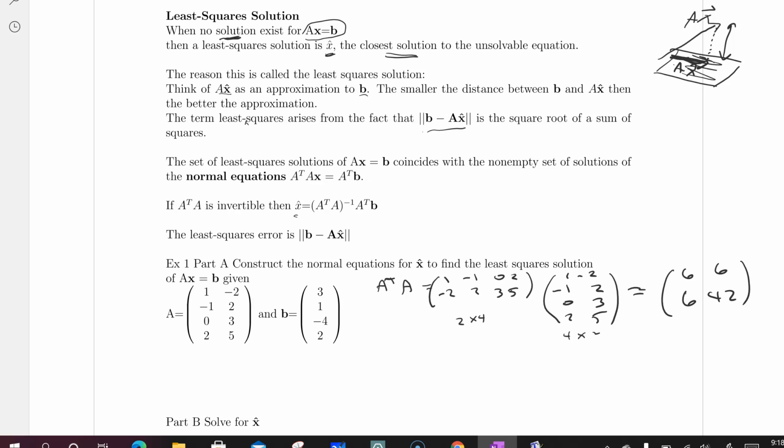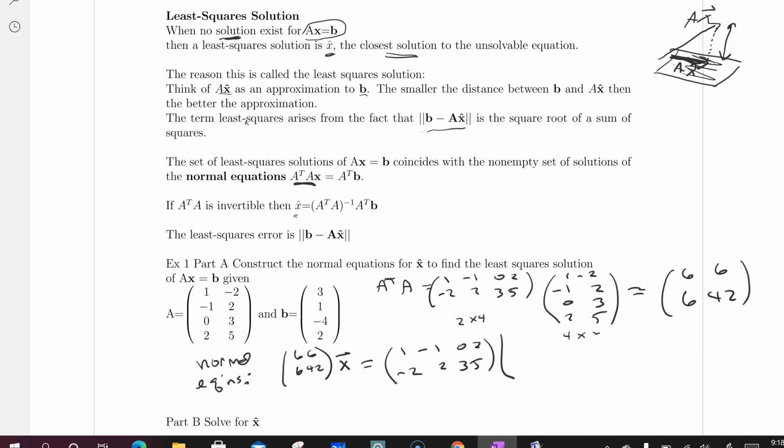The normal equations would be A transpose A, which is 6, 6, 6, 42, times my x, equaling A transpose times my b.